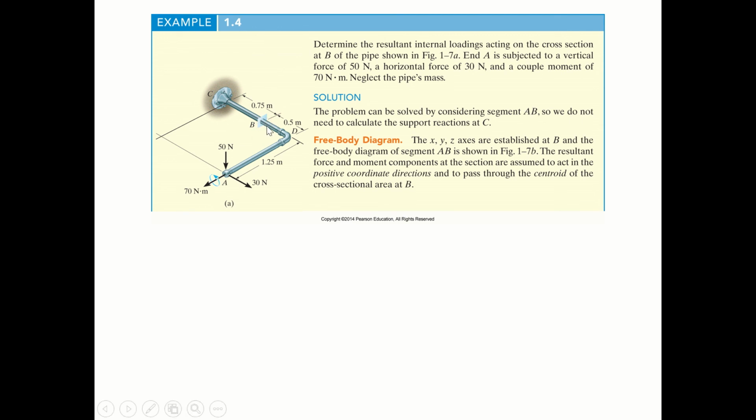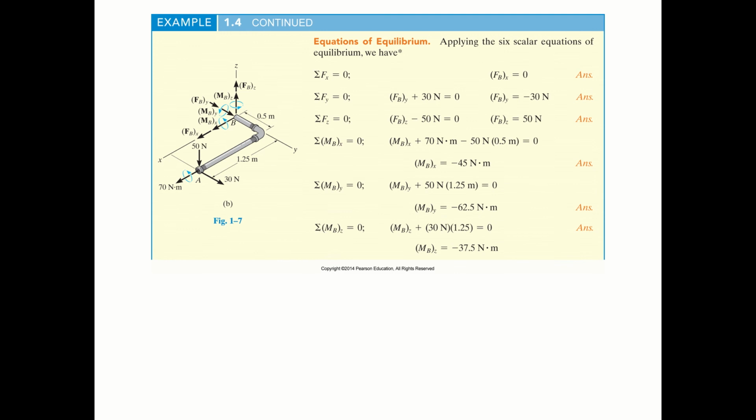That is very easy. You could draw the free body diagram at B, but you can see it's complicated. There are three forces and the bending moments, maybe three forces, two bending moments, and one twisting moment at B. So there are six unknowns.